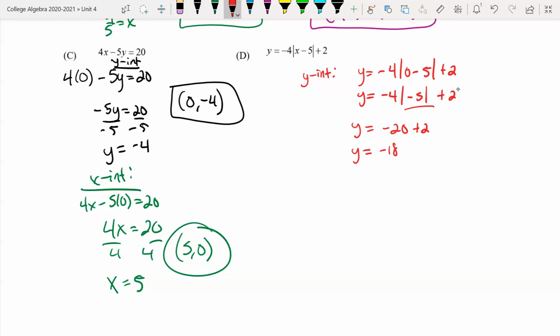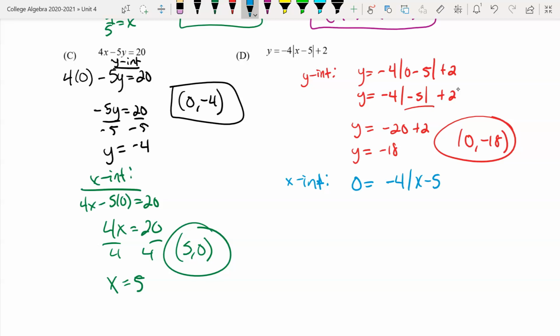So my y-intercept is negative 18. Again, the y-intercept is pretty easy to solve for. It's the x-intercept that we get a little bit confusing on, because if I plug in 0 for y, well, it's like, how do you get rid of absolute value? So I'm going to subtract 2 here. Negative 2 equals negative 4, absolute value of x minus 5. Divide by negative 4. I get 1/2.